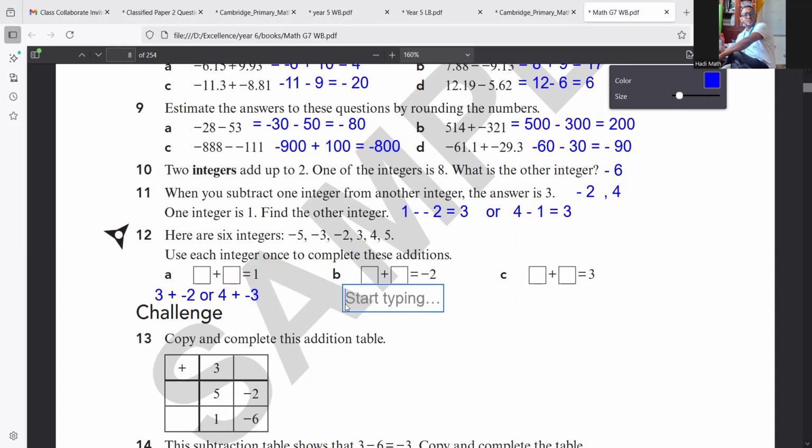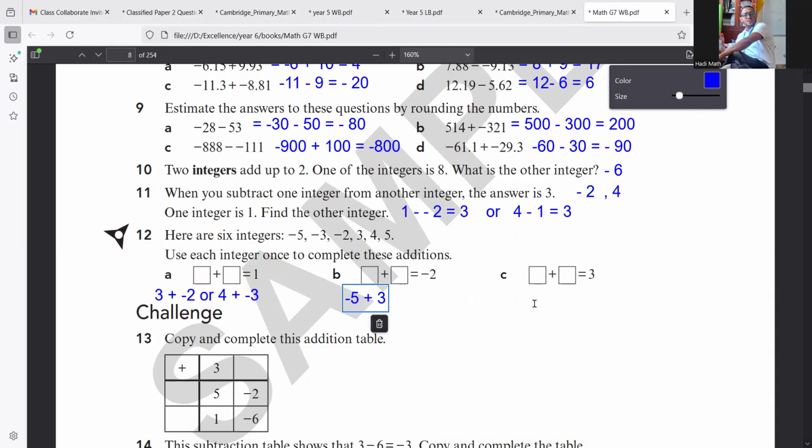Now we have -2. For the -5, you add to it 3. For the -3, you need 1, you don't have it. For the -2, you need 0, you don't have it. Then you don't have -4. So we have only -5 plus 3 to give you -2.